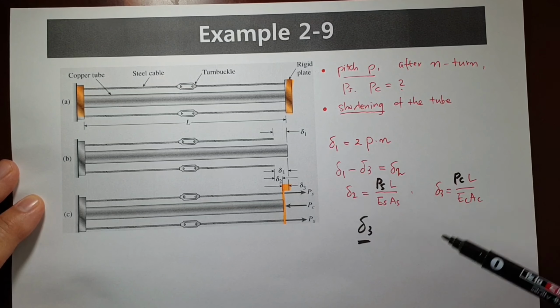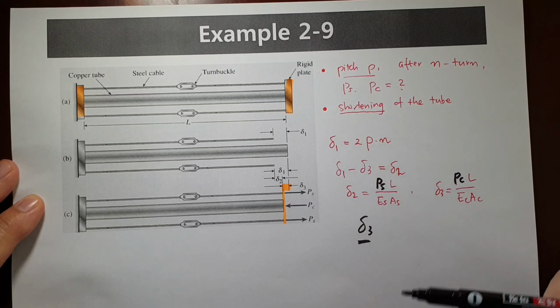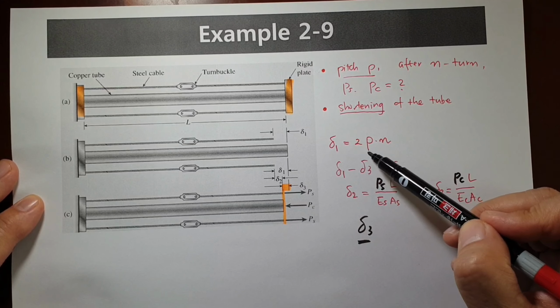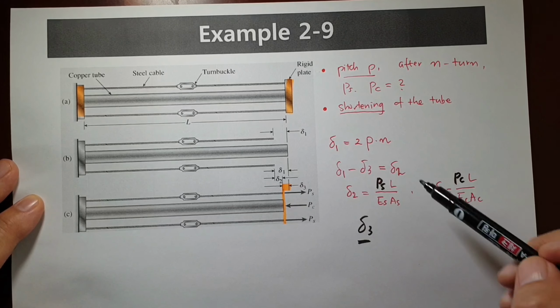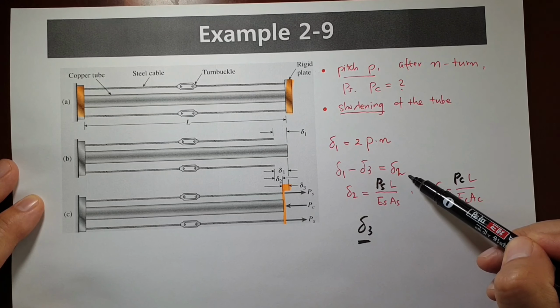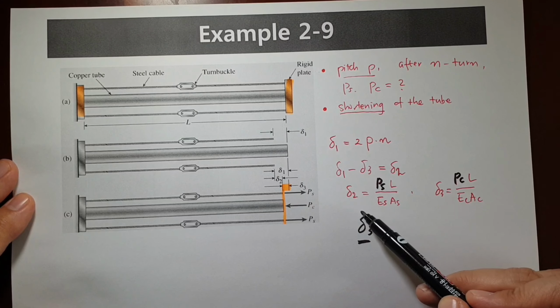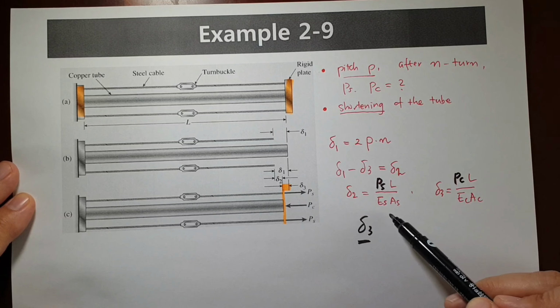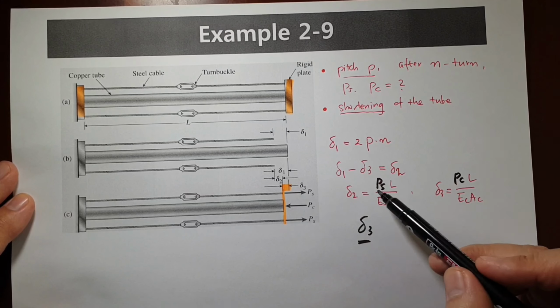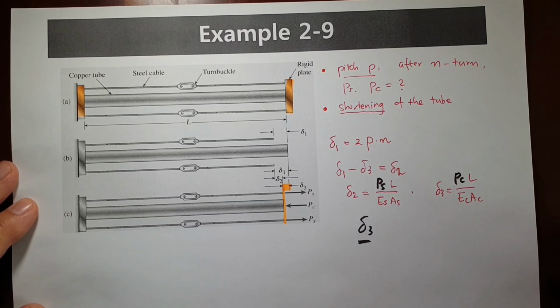Then when you turn one revolution, 2p happens. Okay, this is the geometrical compatibility, the relationship between force and displacement. Then we can calculate PS and PC and delta 3 as well.